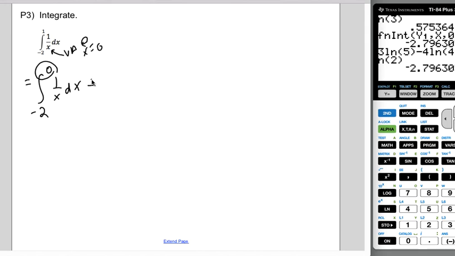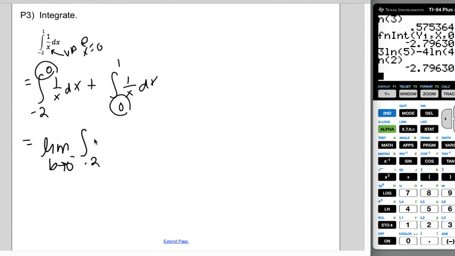Plus, my bad, the integral from 0 to 1 of 1 over x dx. And again, this is a problem. So we're going to have to treat this as the limit as b approaches 0 from the left, integral from negative 2 to b, 1 over x dx, plus the limit as a approaches 0 from the right, integral from a to 1 of 1 over x dx.